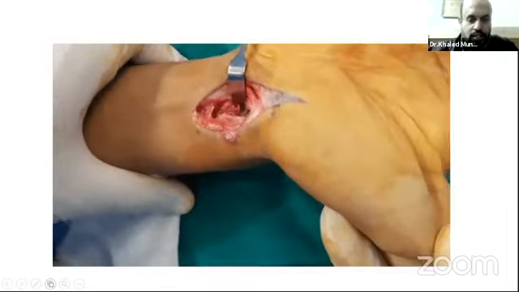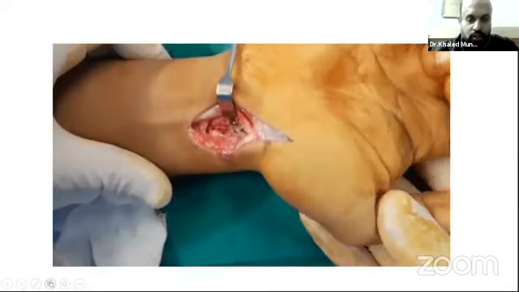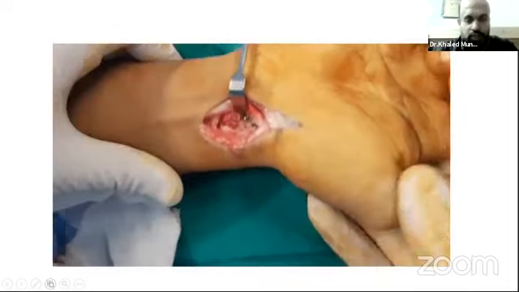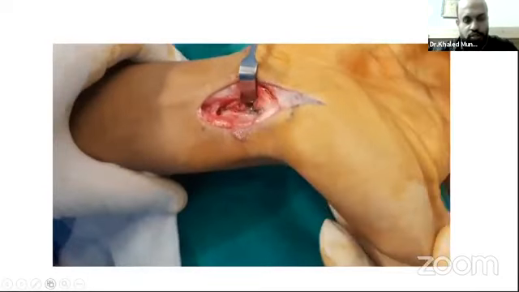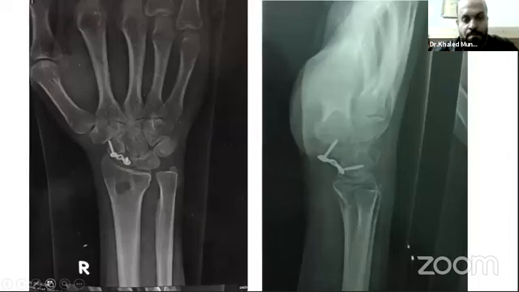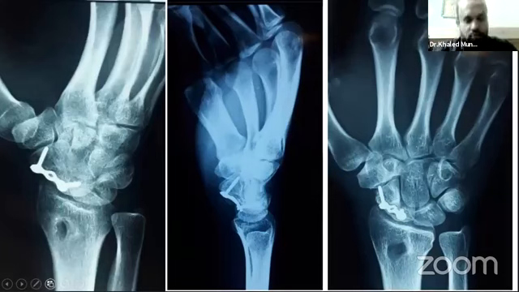Also, we assess impingement intraoperatively through flexion and extension of the wrist. This is the post-operative X-ray at 1 year, 6 months follow-up.